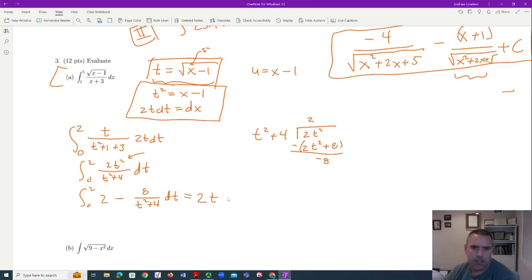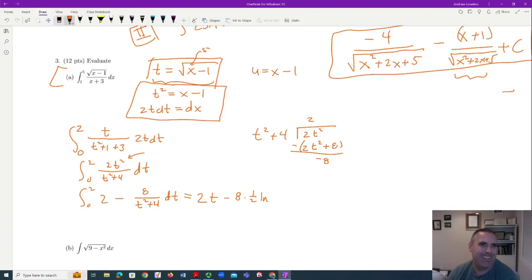This is 2t. This is minus 8 times 1/2 log. Oh, that's not funny, but I made the mistake the students always make. My brain was thinking of something else for a moment, and I lost my focus. This is t over 2 plus c.